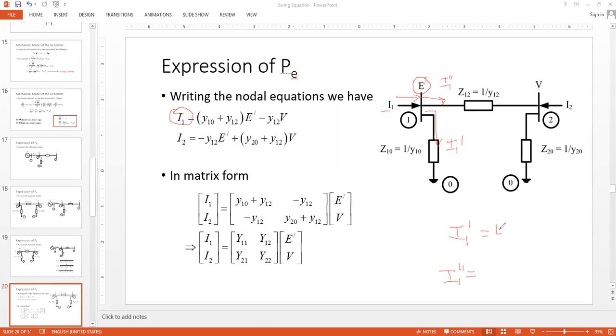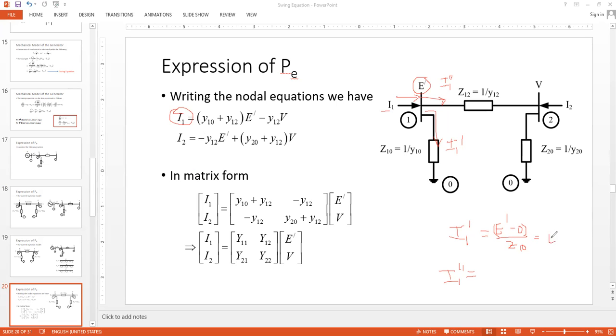What is the relation? E dash minus 0, excellent. Actually, between node 1 and 0, so you should read it as 1 0, not 10. Sorry, sir. No problem, I'm just clarifying things.